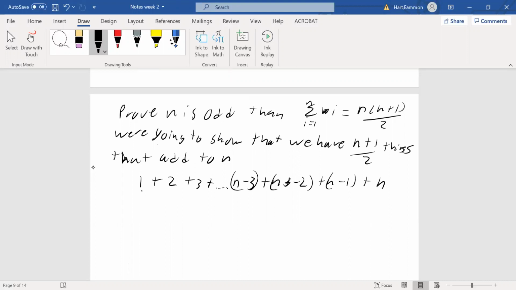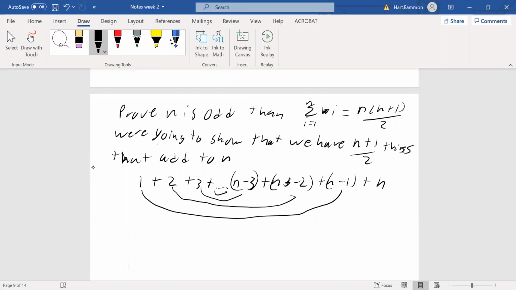In this case, we're going to pair up this with this, this with this, and this with this, and so on, pairing up the ith with the n minus ith. And that's going to give us things that add up to n. But we have to ask ourselves, how many of these things do we have?